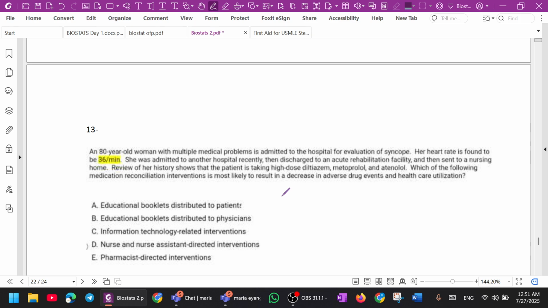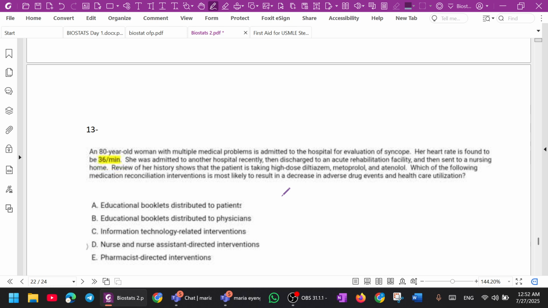An 80-year-old woman with multiple medical problems is admitted to the hospital for evaluation of syncope. Her heart rate is found to be 36 per minute. She was admitted to another hospital recently, then discharged to an acute rehabilitation facility, and then sent to a nursing home.